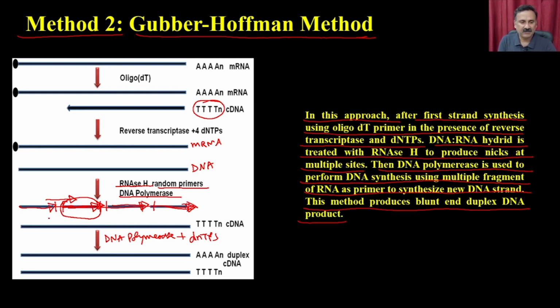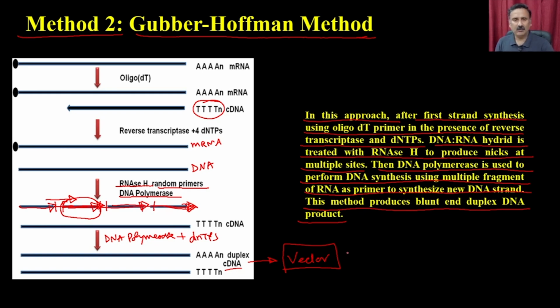So there will be no RNA present, and the same is true for this one also. And that's how you are going to get the duplex cDNA, and this duplex cDNA can then be ligated or inserted into the vector, with the help of linkers or adapters.